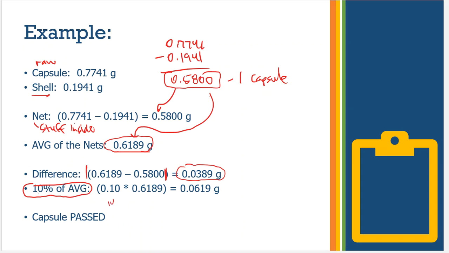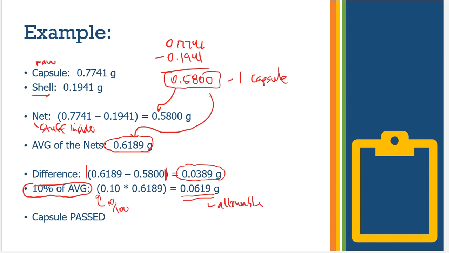So 10%, 10 divided by 100 is 0.10. That's 10% right there. So 0.10 times my average, 0.6189, is equal to 0.0619 gram. This is going to be the allowable limit.